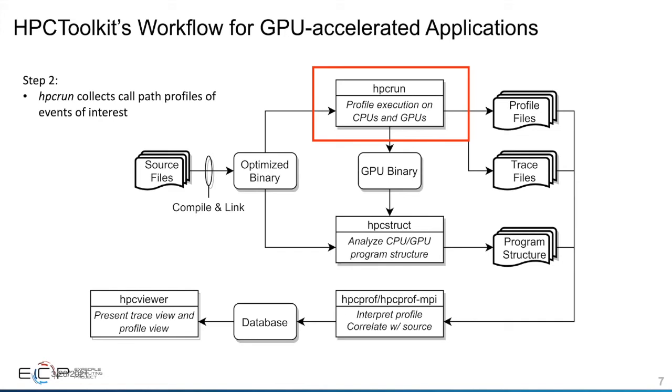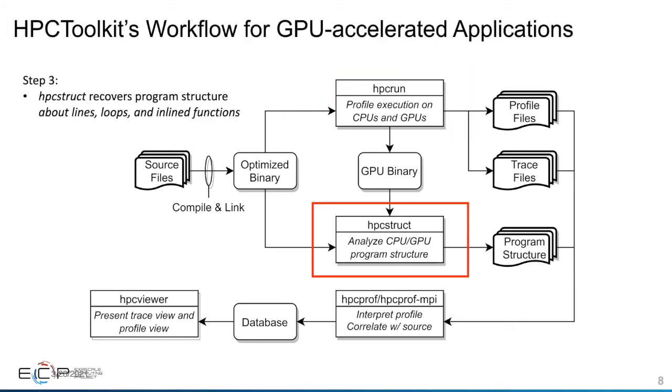In addition to the profiles, we can collect trace files as well. The traces are different than you would get with other tracing tools. For the CPU operations, we're getting traces of samples. And for the GPU operations, we're getting traces of operations as they execute on the GPU.